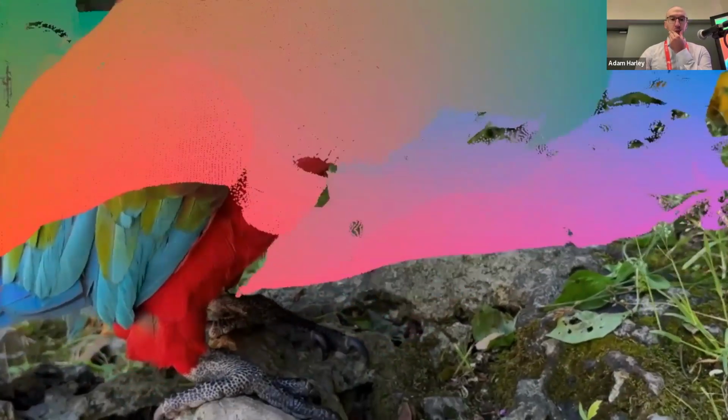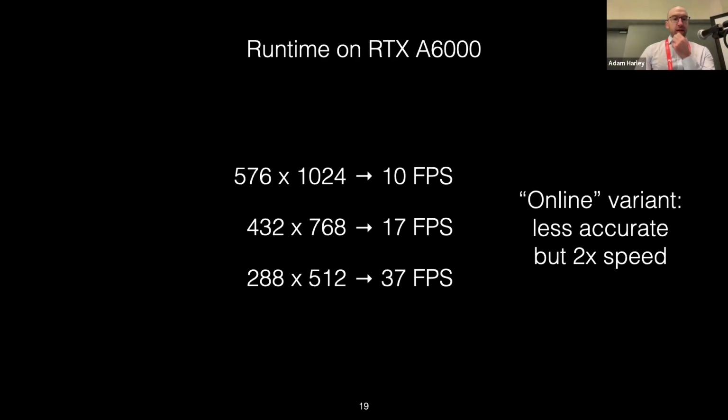And finally, here's our actual output, which is a unique track for every pixel in the video. I find this is not really the best way to see the accuracy of the tracking, but it illustrates the density of our output, which is 100%. This particular video is 576 by 1024, so that makes about 600,000 tracks. And we produce this at about 10 frames a second.